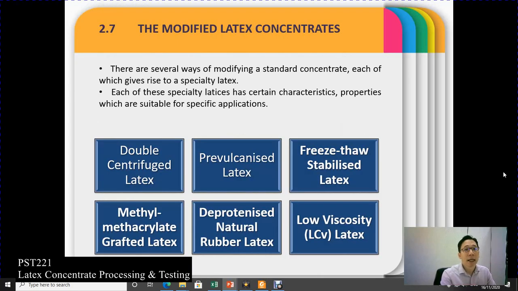Okay. Then we have 2.7, the modified latex concentrate. This is a very famous chapter. I usually use it in tests or the final exam.